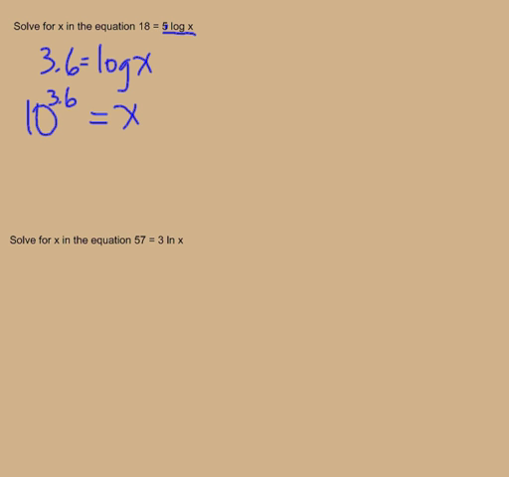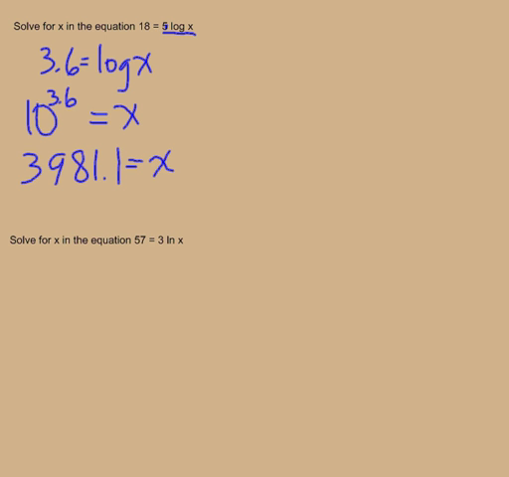So on your calculator, 10 to the power of 3.6, and I'm rounding off to 1 decimal place, 3,981.07, so I'm going to make this 3,981.1.